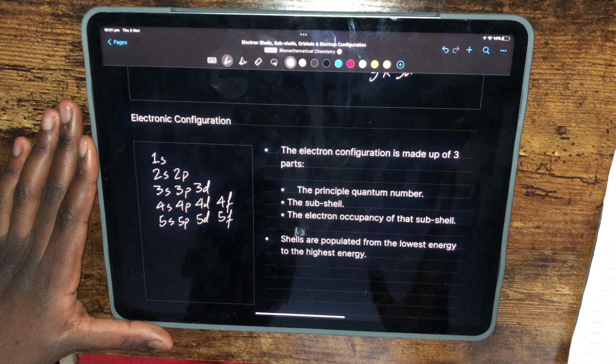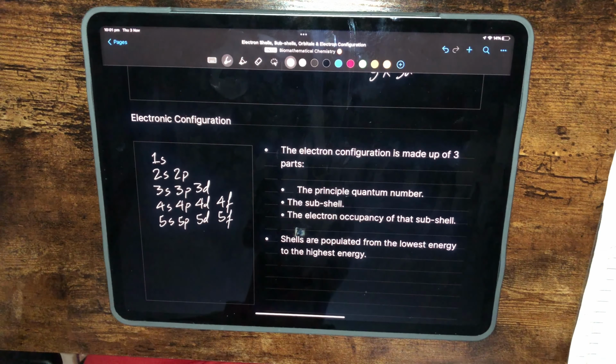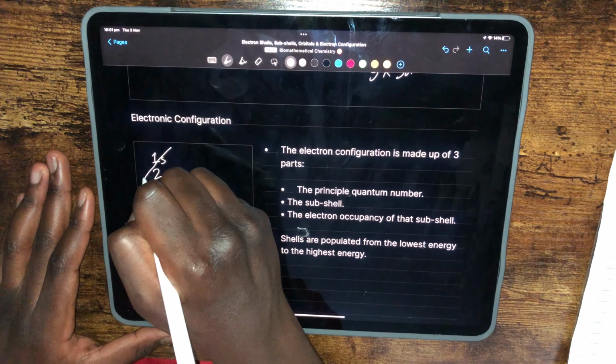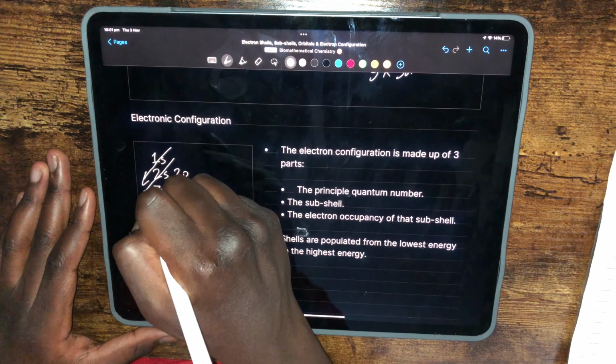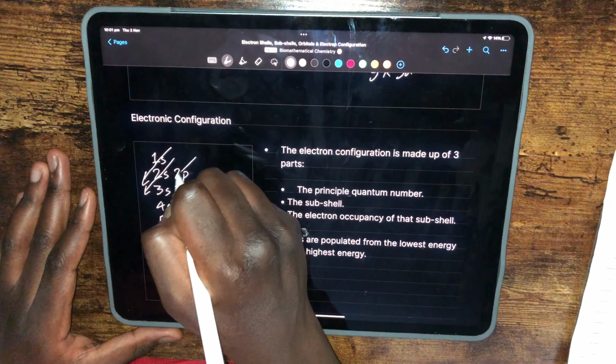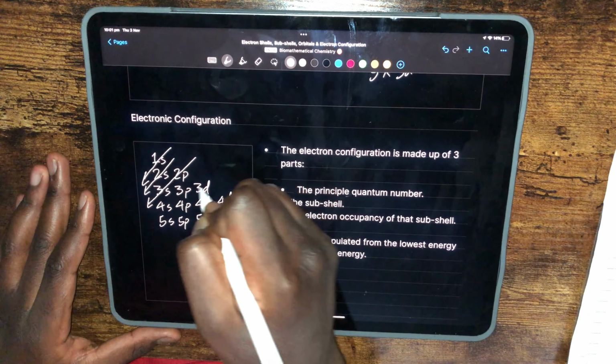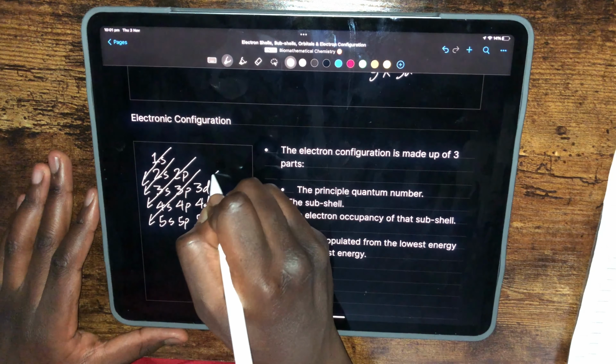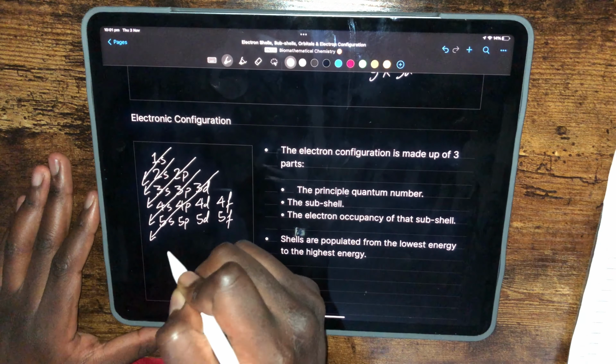But if you want to understand in which order they go in the electronic configuration, the best way is done like this. You draw downward arrows in this direction, and it's actually perfectly the order that they go in.